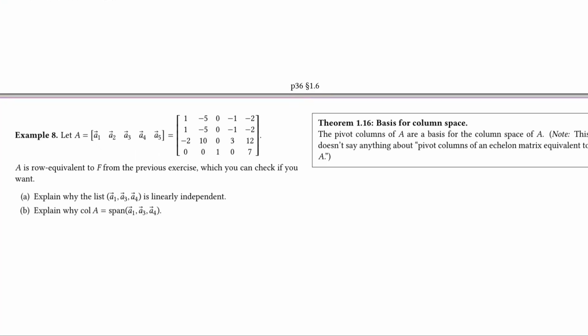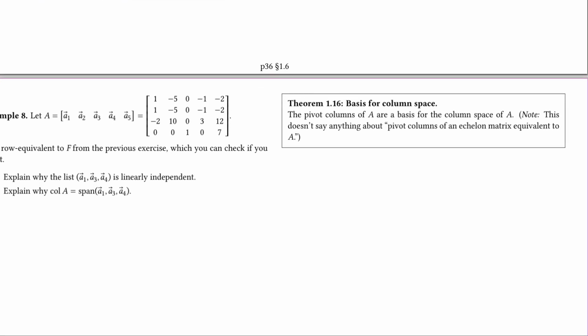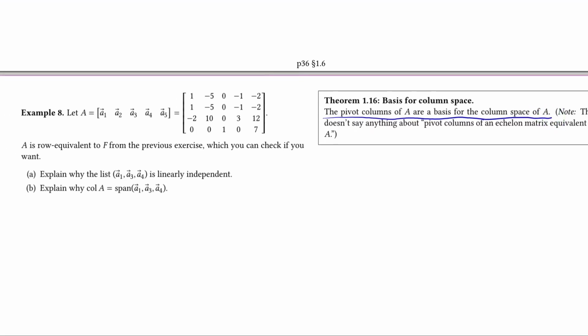Okay, so theorem 1.16 says the pivot columns of A form a basis for the column space of A, which is exactly what example 8 is asking you to show.